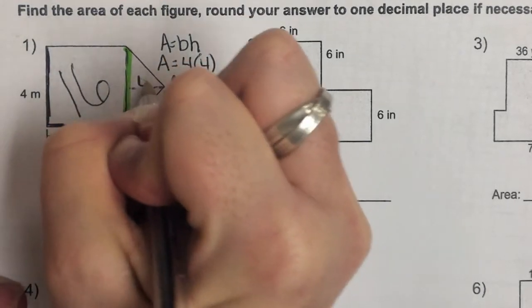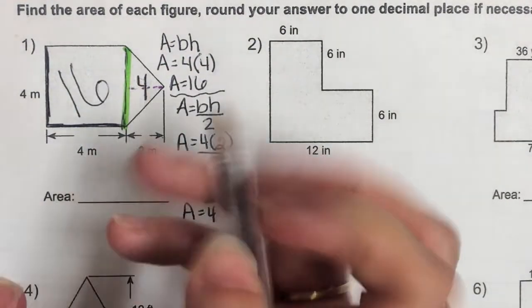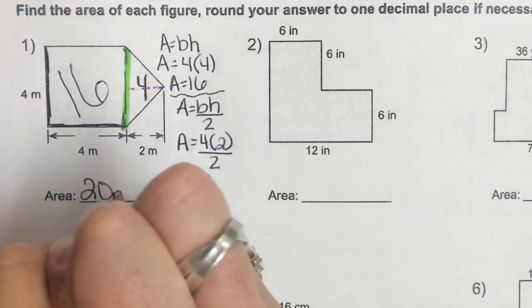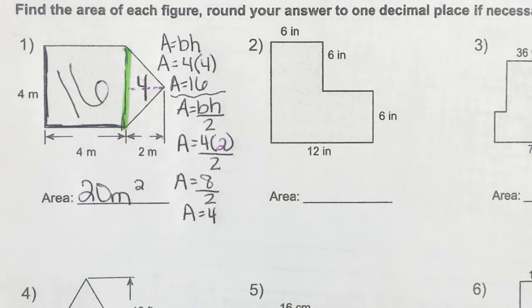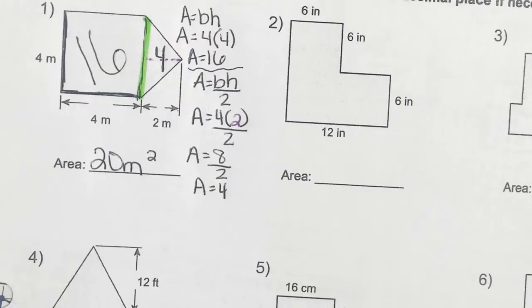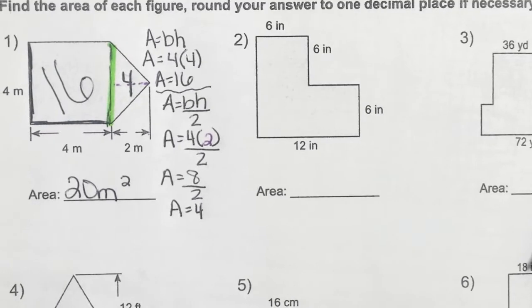It's 20. And so if we put it all together, yes, it is 20 meters squared. Does everybody see how I did that one? The weird part is they're all different.